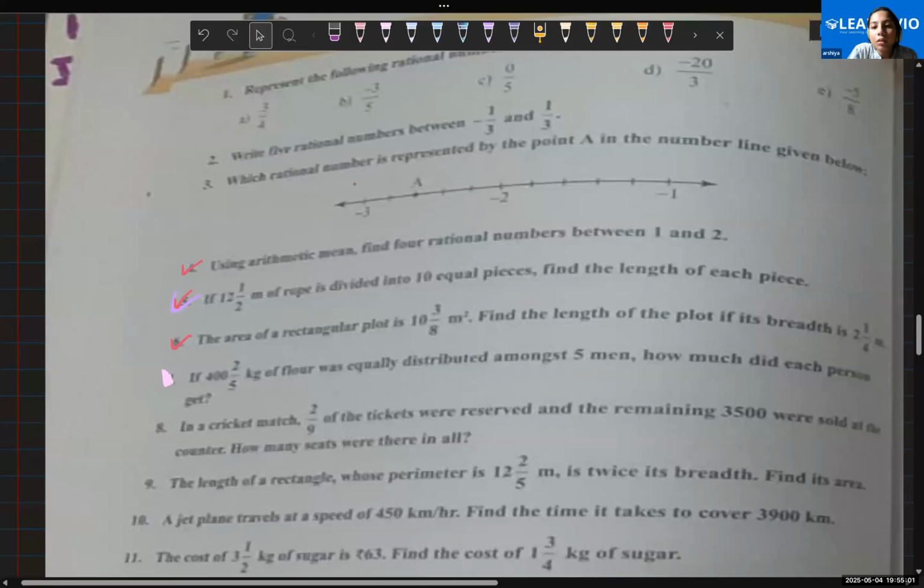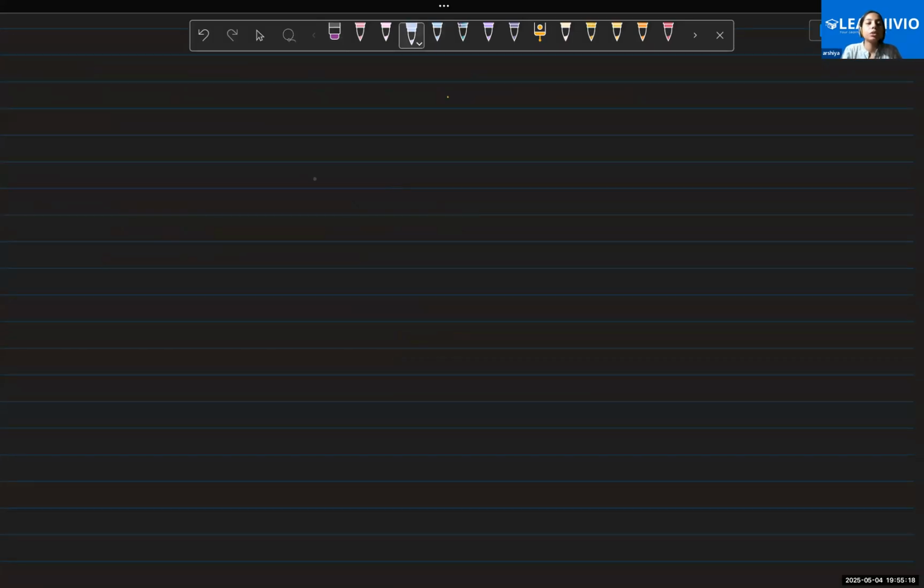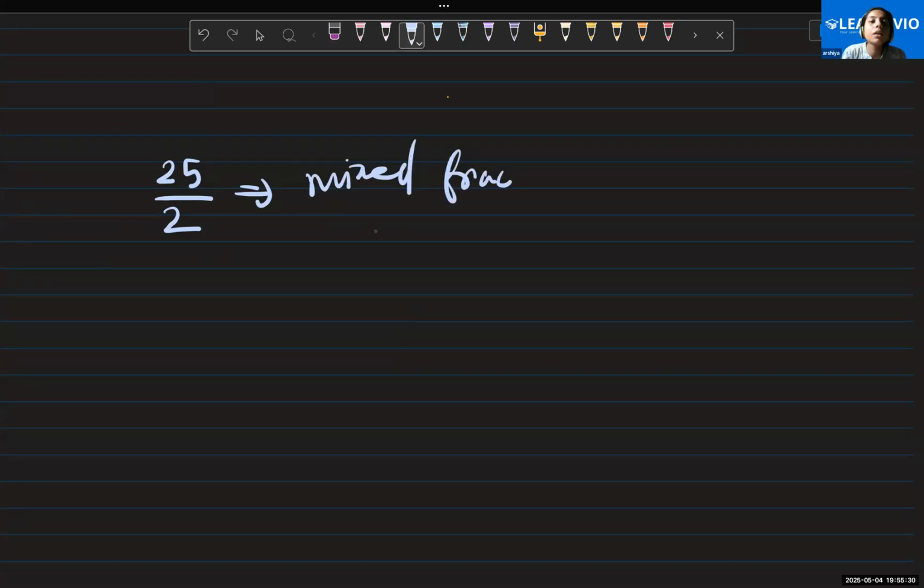Okay, okay. So let's say we have 25 by 2. We have to convert this into a mixed fraction. So what we're going to do is take 2 here and 25. 2 ones are 2, 2 twos are 4.